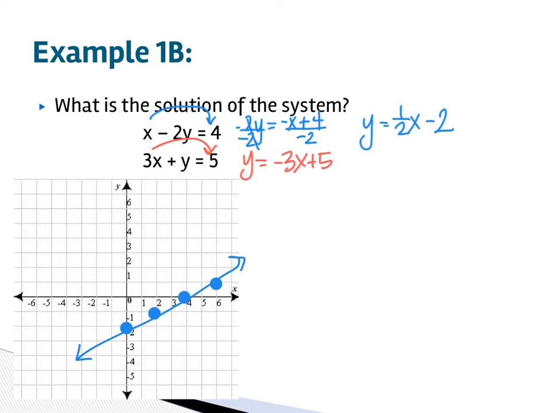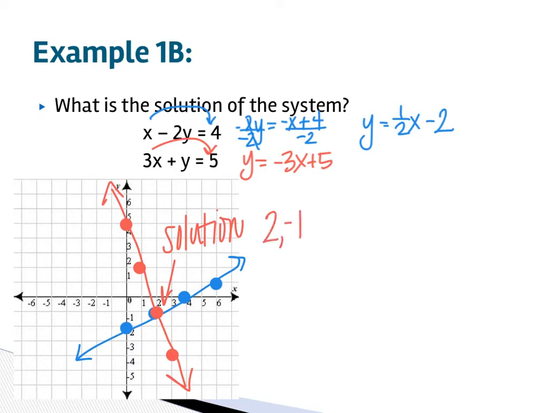Then our pink graph, we're going to go up 5, put a point, and then our slope is down 3, right 1, down 3, right 1. You'll notice you put a pink dot on top of a blue dot, which makes your solution right there. Wherever the two lines cross, that's the point that satisfies both equations, so it's the solution to the system, and that's going to be the point 2, negative 1.